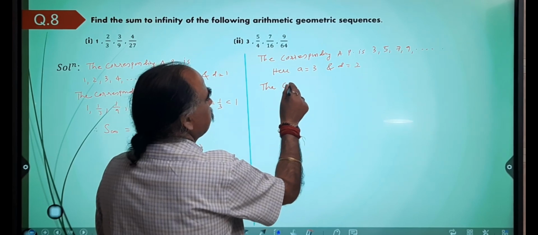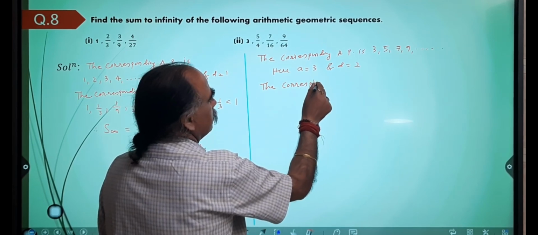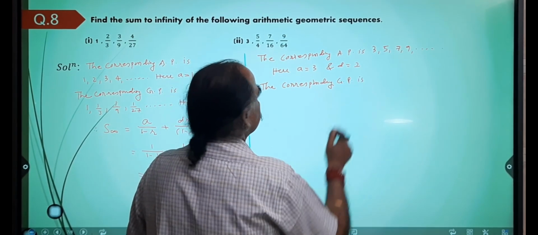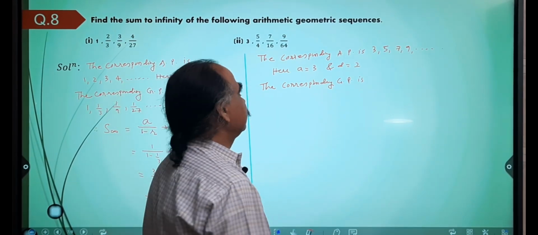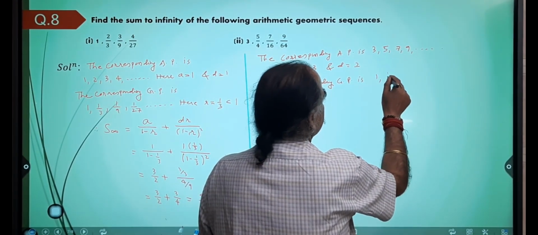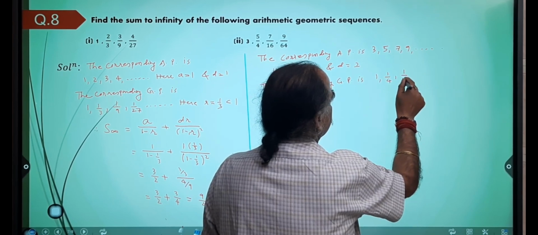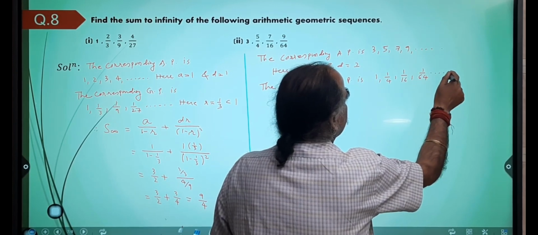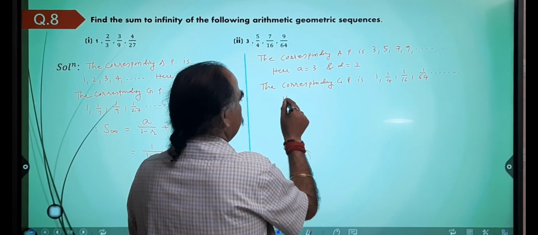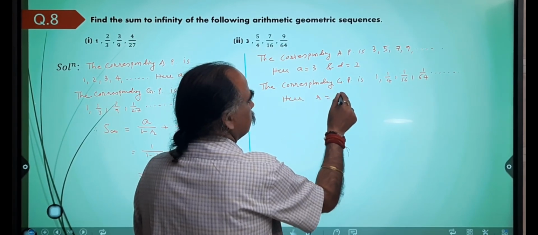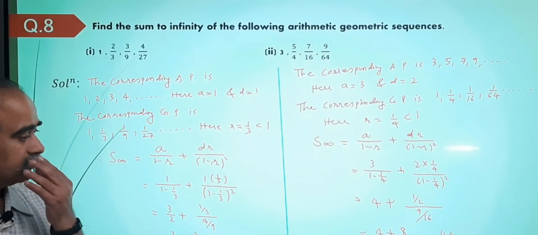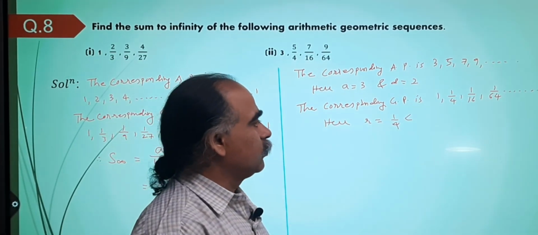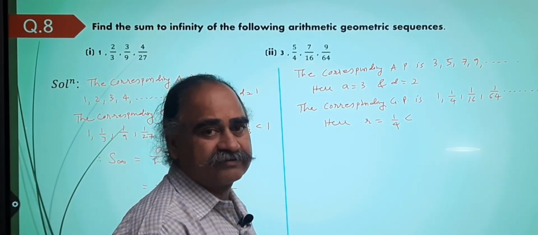The corresponding GP is 1/4, 1/16, 1/64 and so on. Here R is 1/4, less than 1.